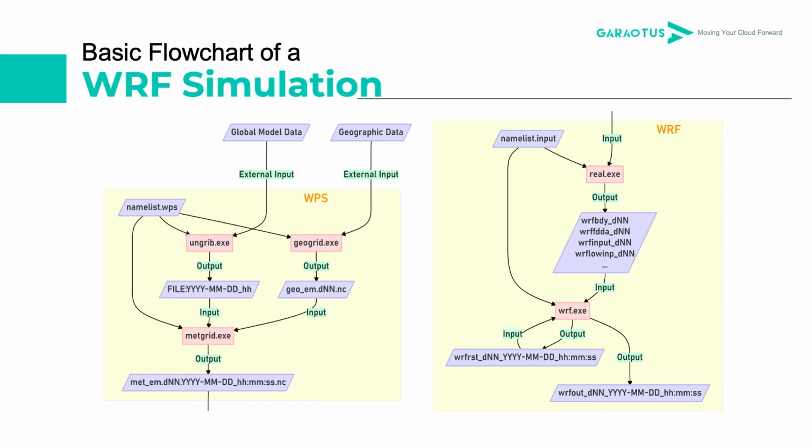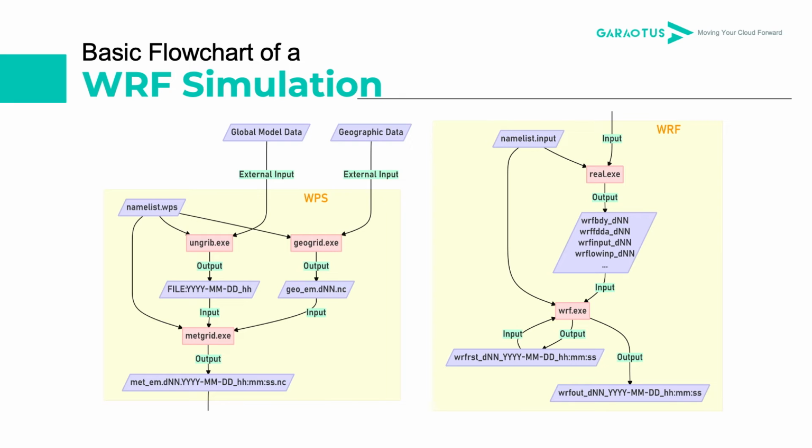And once we have that external data, we need it to be fed into the WRF pre-processing system, or WPS. We need to get the output from WPS for the WRF simulation.